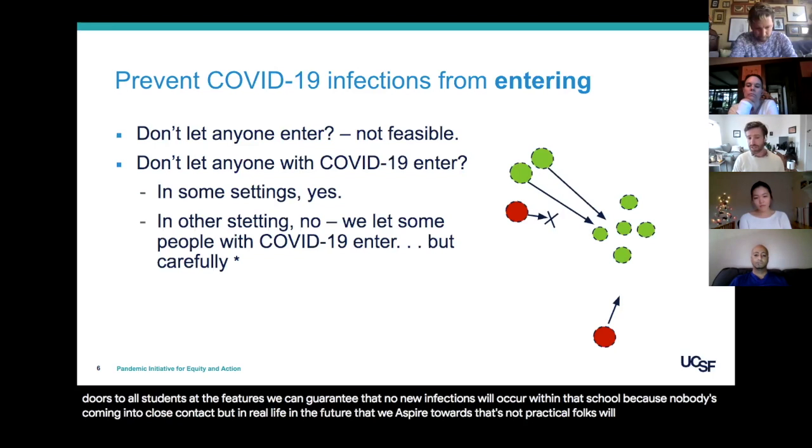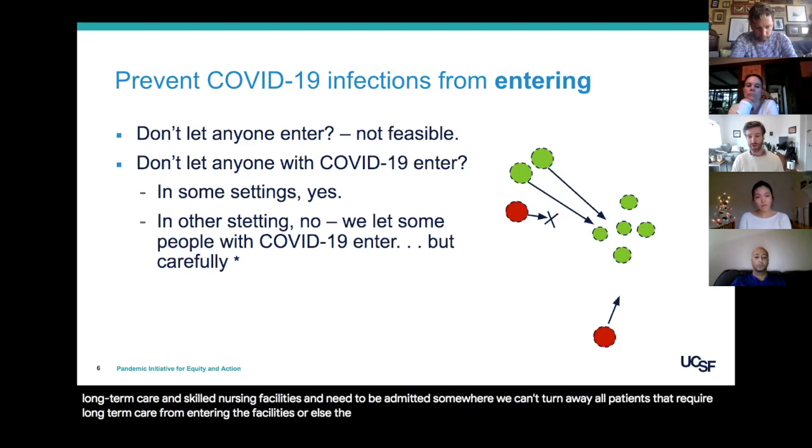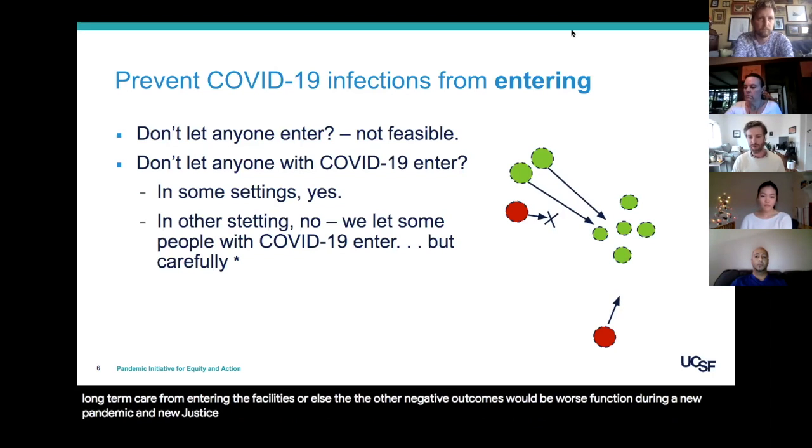Folks will continue to need long-term care in skilled nursing facilities and need to be admitted somewhere. We can't turn away all patients that require long-term care from entering the facilities, or else the other negative outcomes would be worse. The criminal justice system continues to function during a pandemic, and new justice-involved persons will continue to enter state prisons and county jails. Grocery stores remain open and need essential workers.